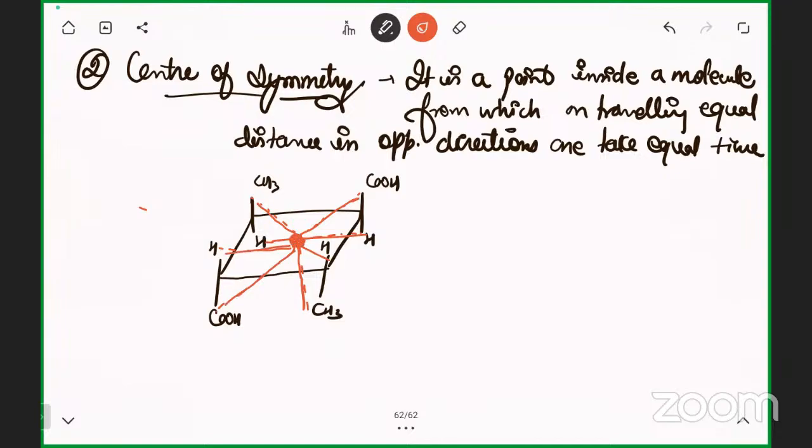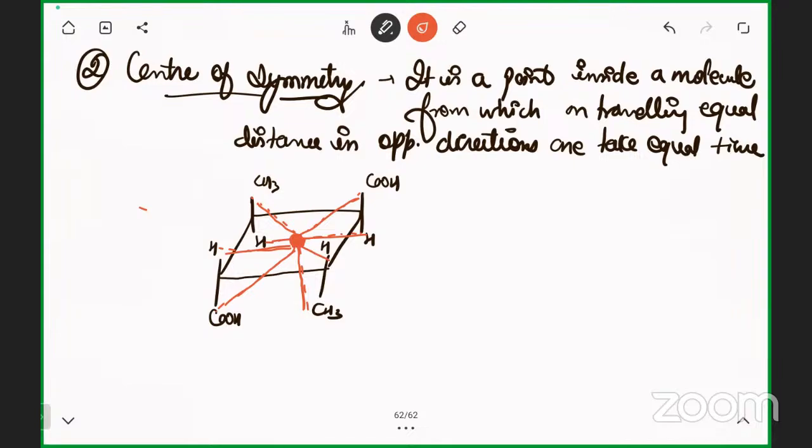From this center, all of the side chains or all of the elements which are members of this ring are at equal distance, and from this particular center we can go to any of the atoms and will take the same time. That particular center is known as center of symmetry. Got it? Yes, sir.